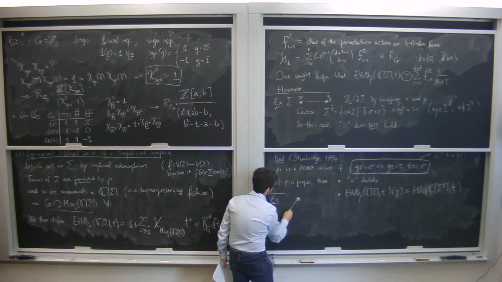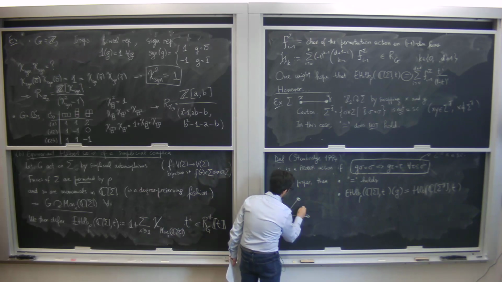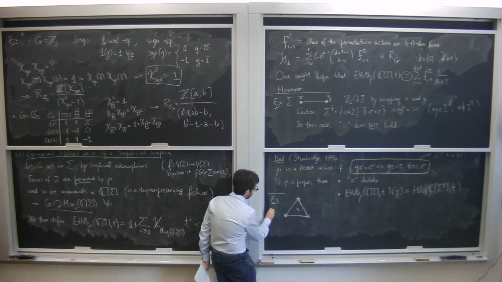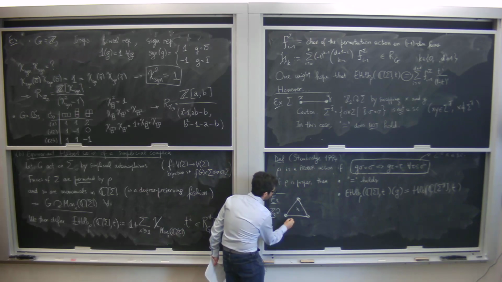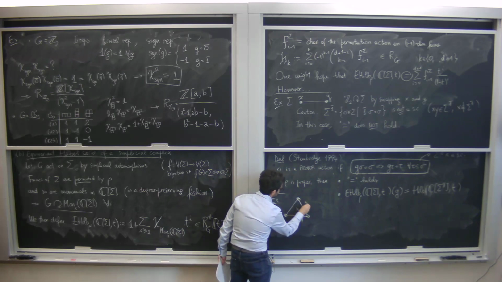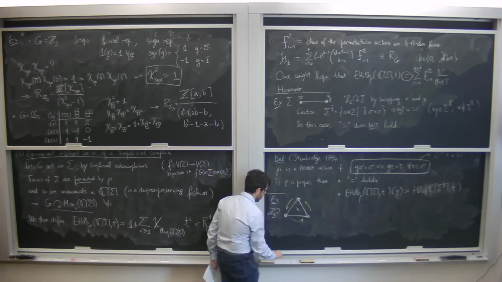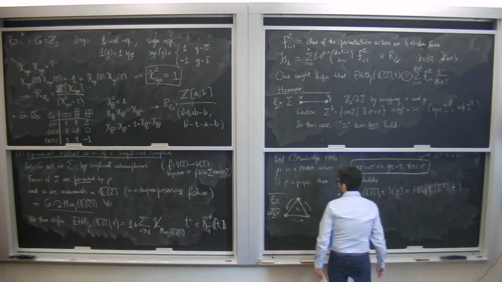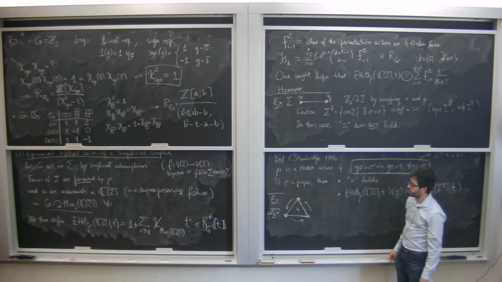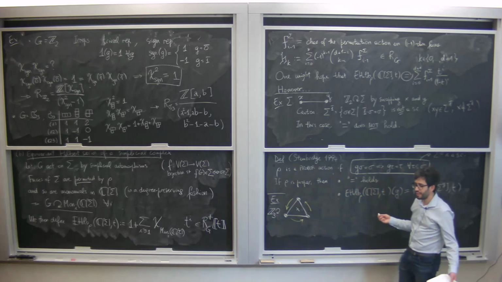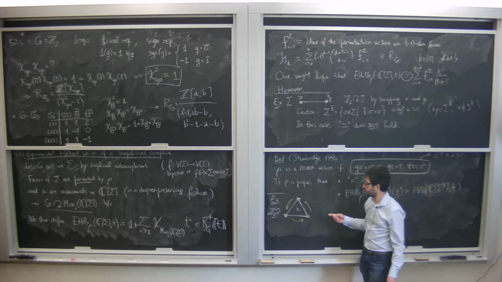I'm just going to take an empty triangle, and I'm going to act by Z3, and Z3 just moves vertices in a cyclic way. This action is proper because basically nothing at all is fixed aside from the empty face.